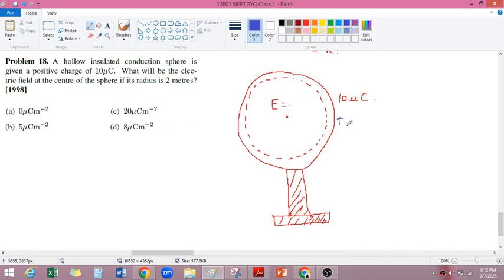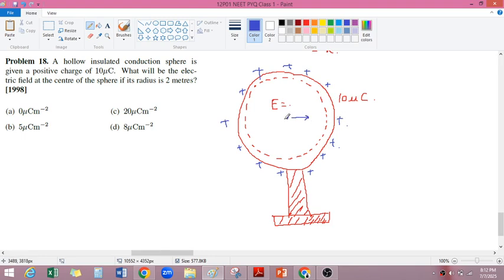So suppose if I put some charges here, it will be sitting on the outer surface. That's what we generally say. So what do you mean by electric field? If I put a small test charge here, what will happen? The plus and plus will repel.